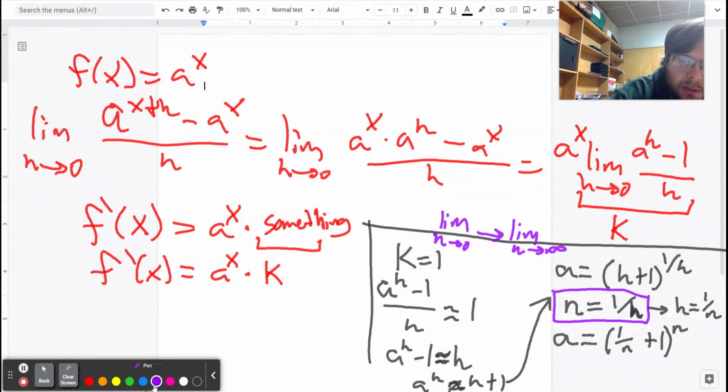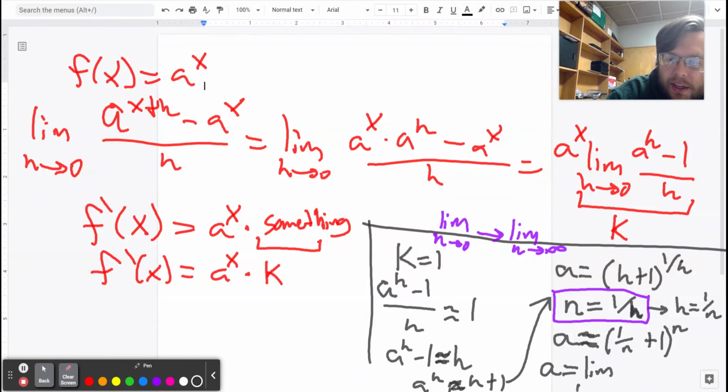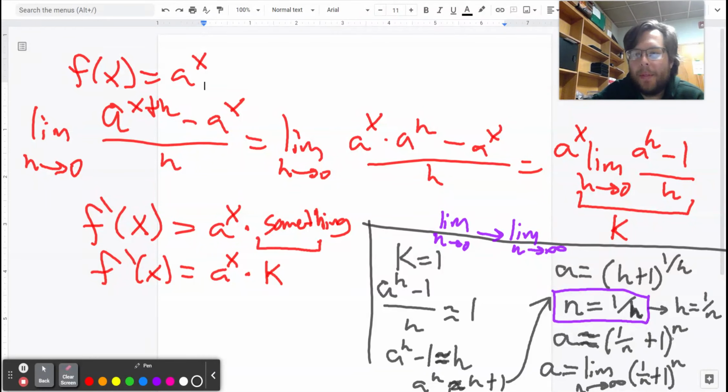So we can switch back from talking about things being approximate to being exact, that a is exactly equal to the limit as n approaches infinity of 1 over n plus 1 raised to the n.